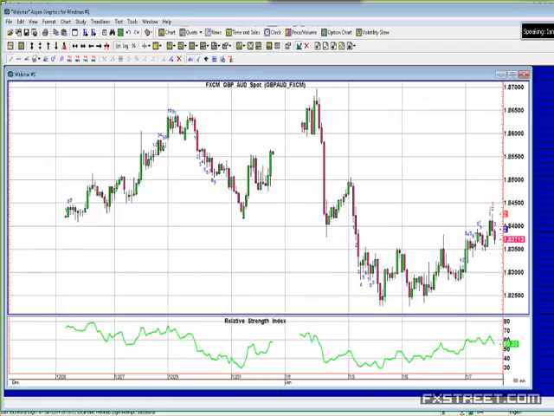Short term, I'd look to sell into gains. Long term, I'd look to buy into dips. So it's a real mixed picture. Let's have a look at this.